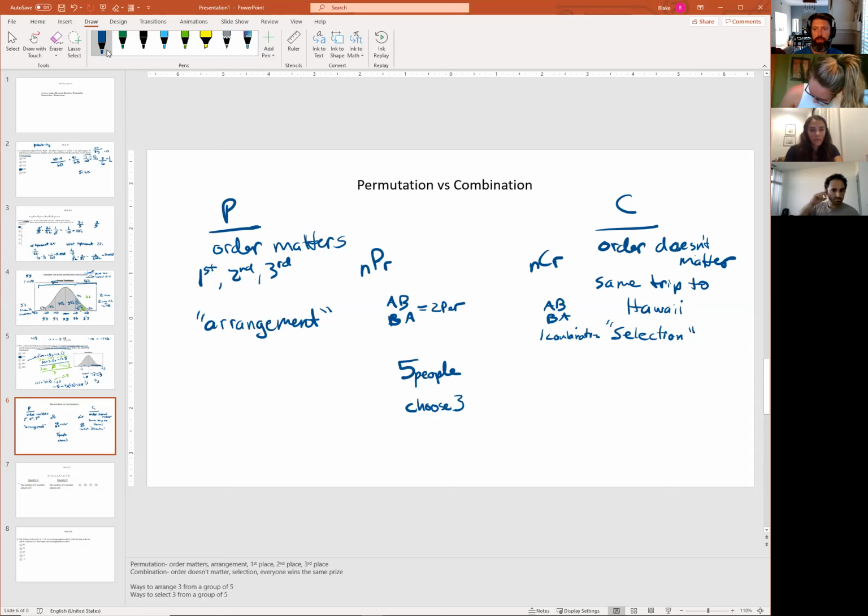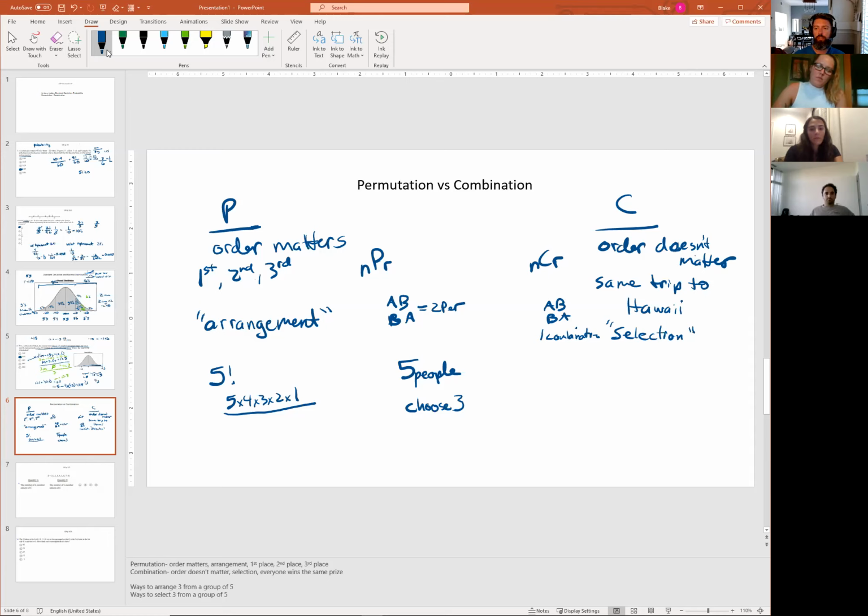If we have 5 people, the possibilities are 5 factorial. So we can do 5 times 4 times 3 times 2 times 1. However, it's not quite 5 factorial since we're choosing 3. So one way to think of it is if we were choosing groups of 5 people, it'd be 5 factorial.